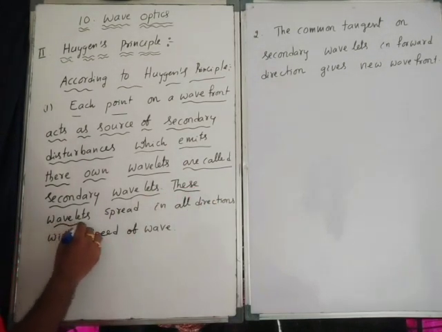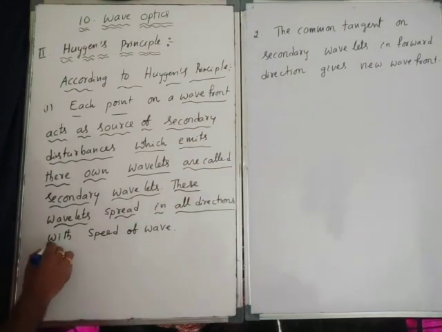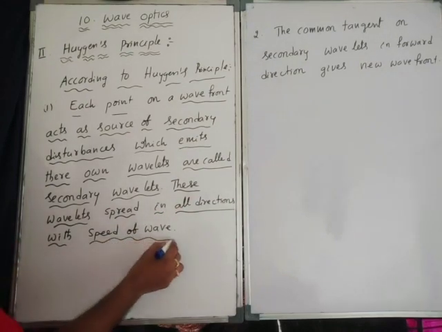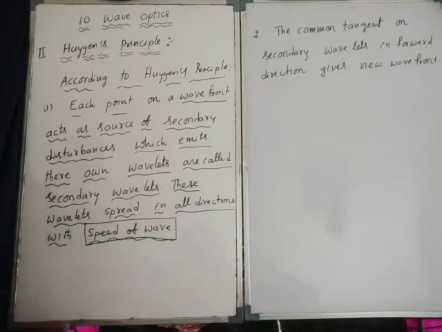These wavelets spread in all directions with the speed of wave. This word is very important point: speed of wave. Right.